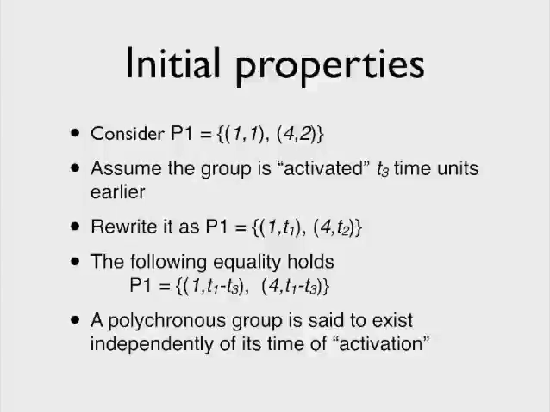As a consequence, this relation holds. For the polychronous group P1, I can subtract an arbitrary time from both these times and get exactly the same group. And as a consequence, one can simplify the notation because I can say T1 minus T3 equals T1, so the second element of the first node could be 0.